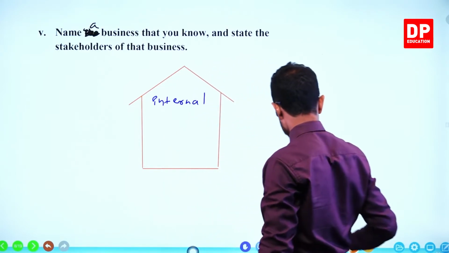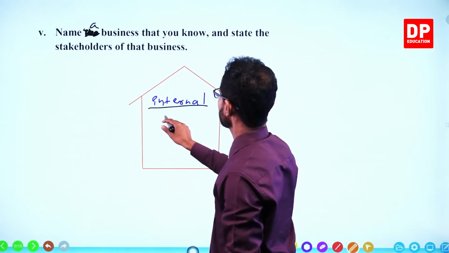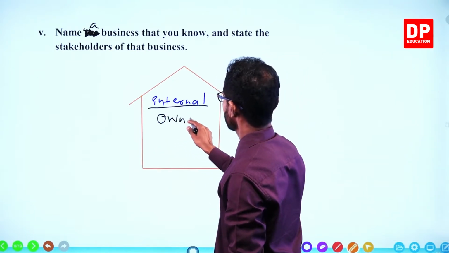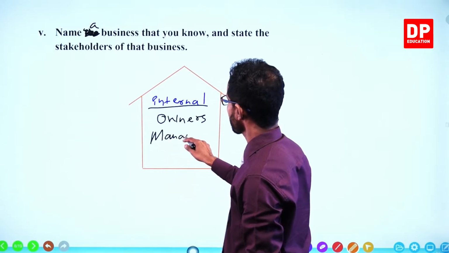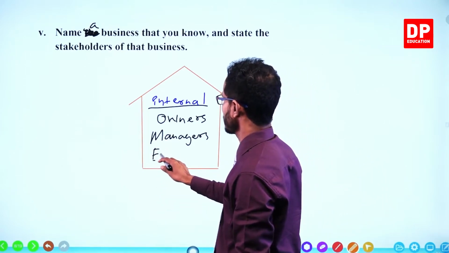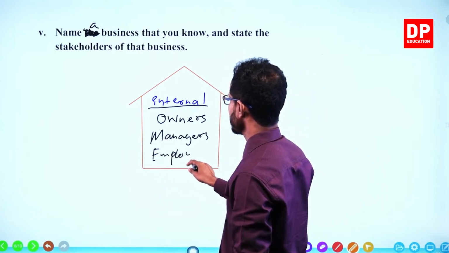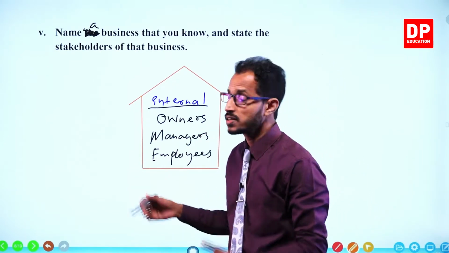Who are the 3? Owners, managers, employees, that's right. Workers or employees. Internal stakeholders.